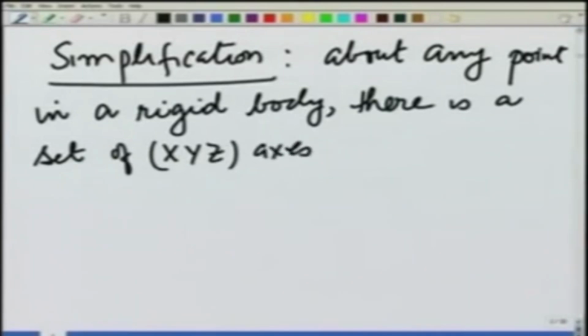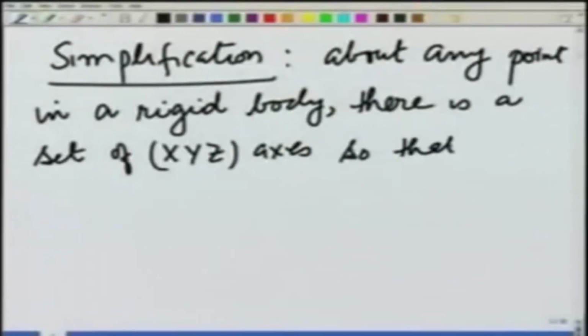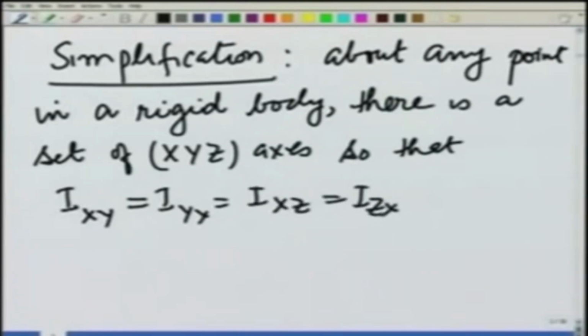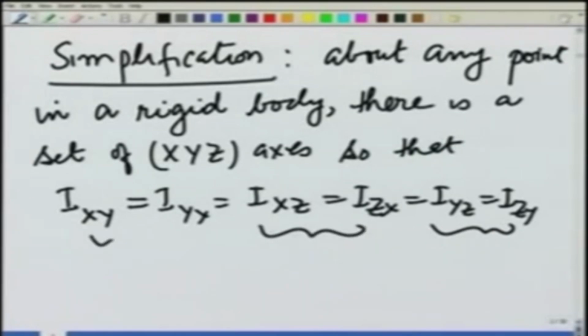There is one set which is in one particular direction, so that all off diagonal elements Ixy, Iyx, Ixz, Izx and Iyz, Izy, these anyway are equal, but they are all equal to 0, so that the angular momentum is now quite simple.